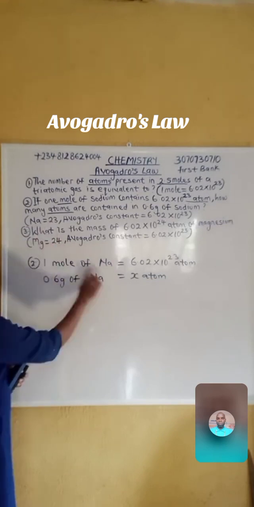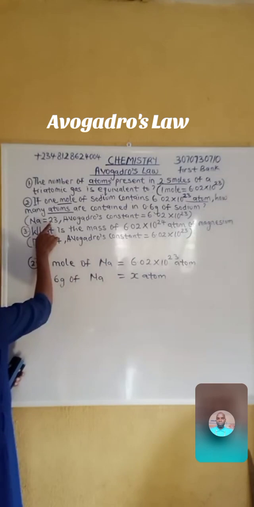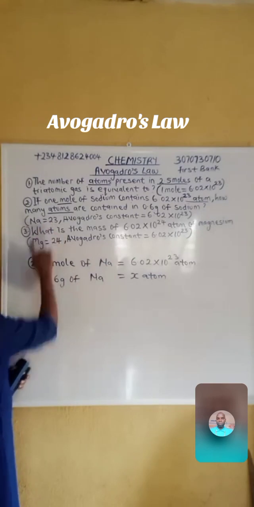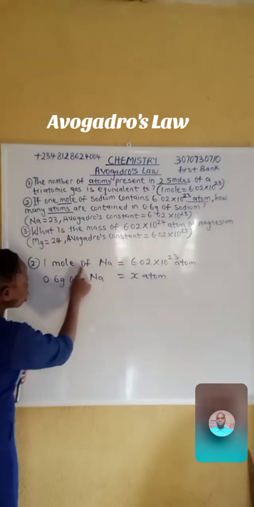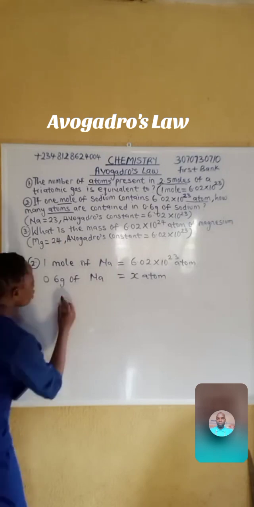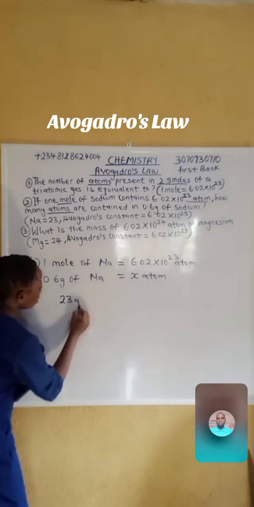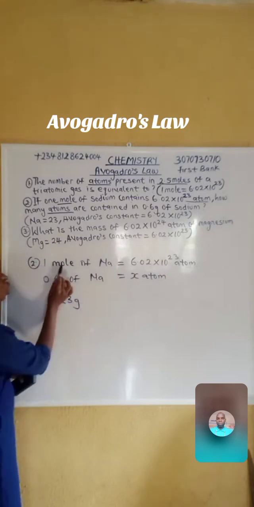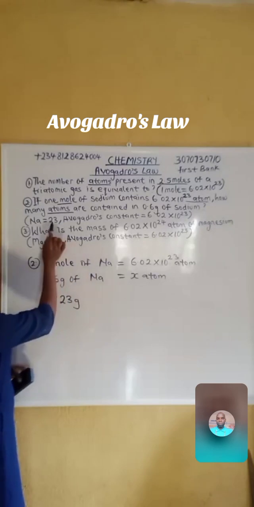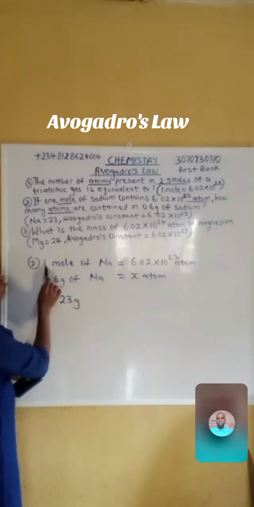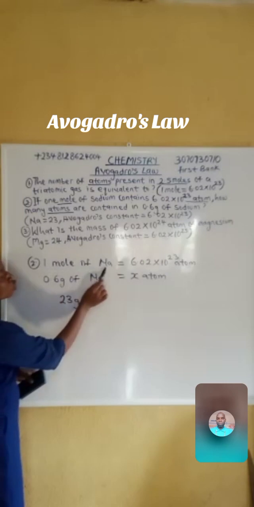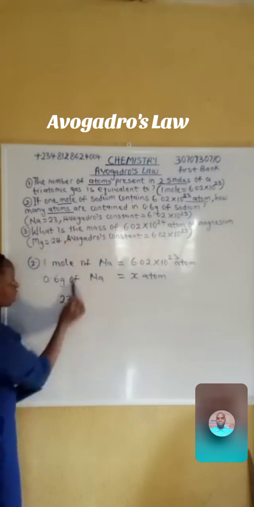So we are going to convert this 1 mole to mass in gram. So it will now be 23 grams. 1 mole of sodium equals the mass of sodium, which is 23 grams.